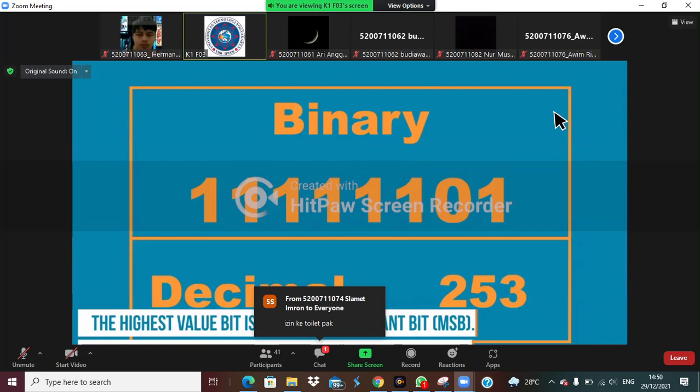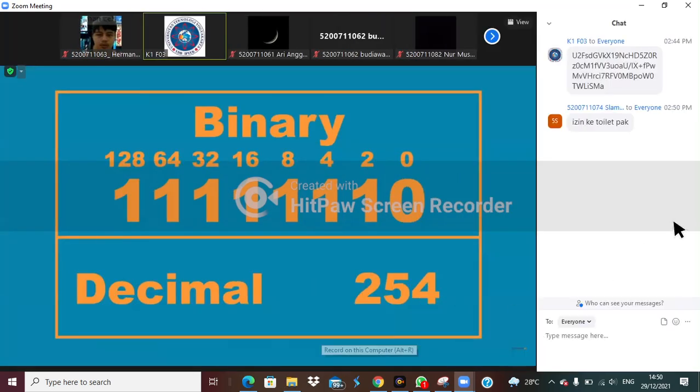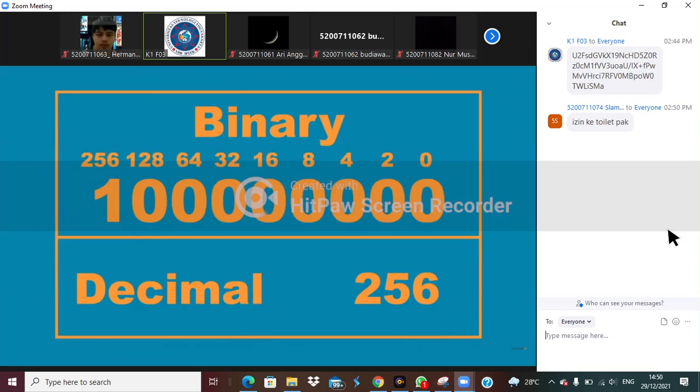Every time the number rolls over, another bit is added. If we continue counting up in binary and comparing those numbers to their decimal equivalent, we can see which decimal number each place represents. 0, 2, 4, 8, 16, and so on. You can see that each bit is twice that of the previous bit.